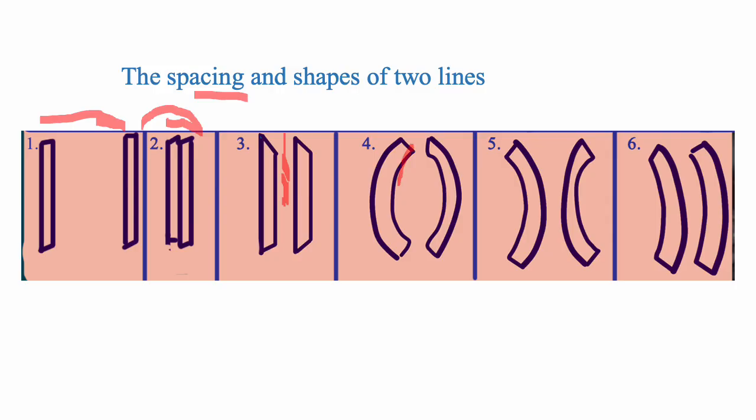If they curve toward each other like this, they compress or encircle the space. If the lines arch away from each other, it creates tension as if they're pushing the space out of the middle. And then finally, they can curve in the same direction like this, like spoons stacked together.